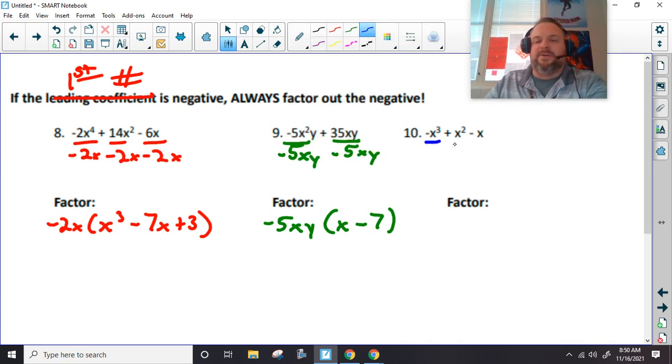Number 10. What's the first thing we're going to divide out? Well, yes, but there's something else. A negative. We're actually dividing out a negative x, because our first number is negative. Now, if I have 3 x's, I take one away.